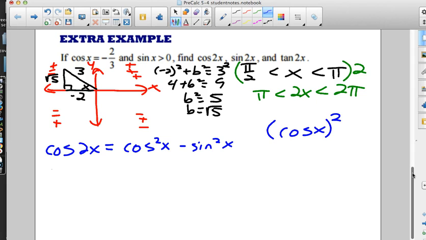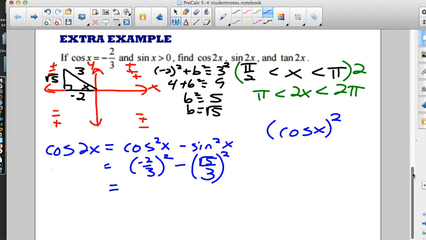Cosine was negative 2/3. Sine, because we took the time to find that third side for our triangle, we can say, hey, opposite over hypotenuse. That's math we can do.